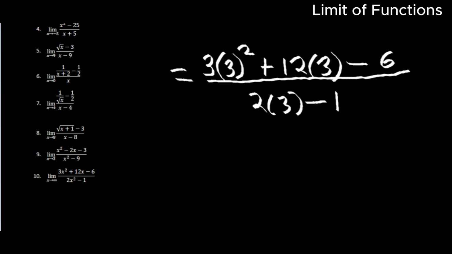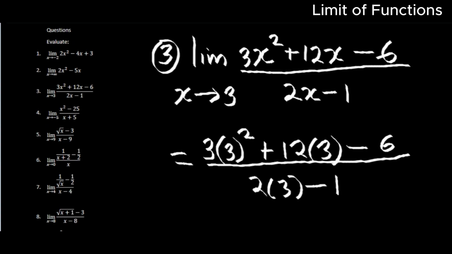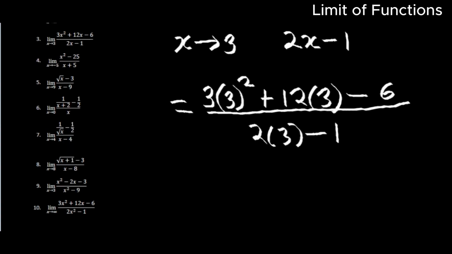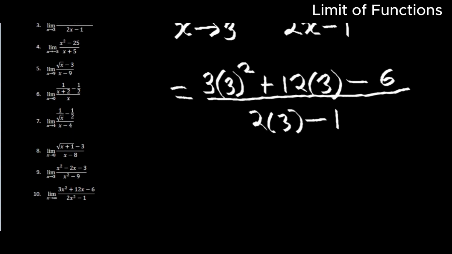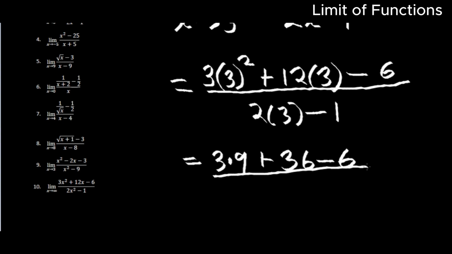As you can see, you can't find limit here again. At first it's limit, but immediately I'm substituting in for the value of x, I remove the limit. So this is going to be 3 times 9 plus 12 times 3 is 36, minus 6 over 6 minus 1.